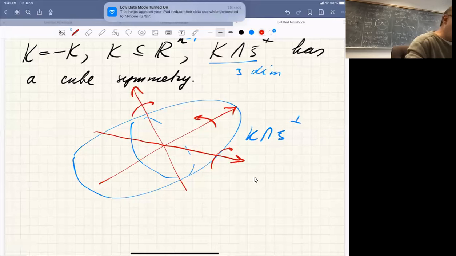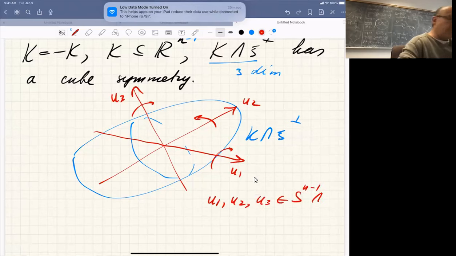So let's call them U1, U2, U3. These axes live in S^{n-1} intersection xi perp. If I'm taking three of them, then let's put this 3 here. And your section doesn't care about this rotation. So let's write this down.